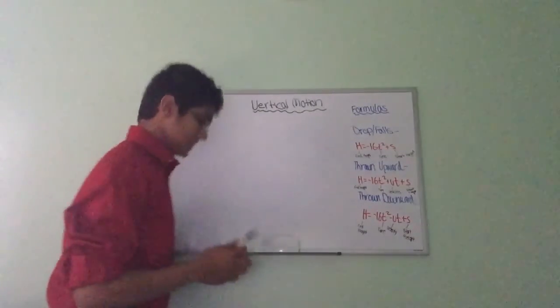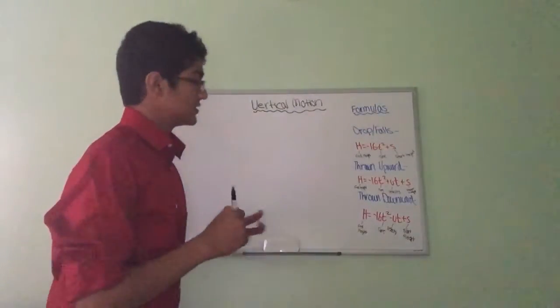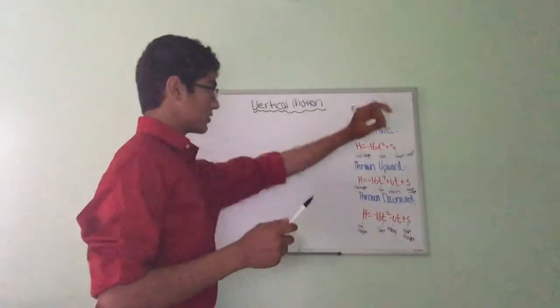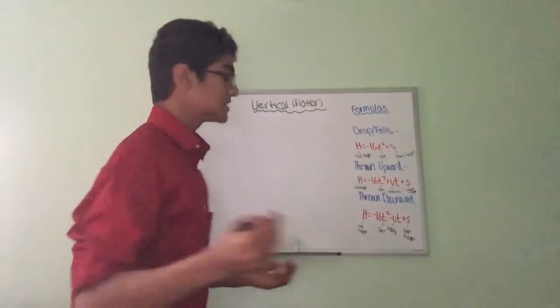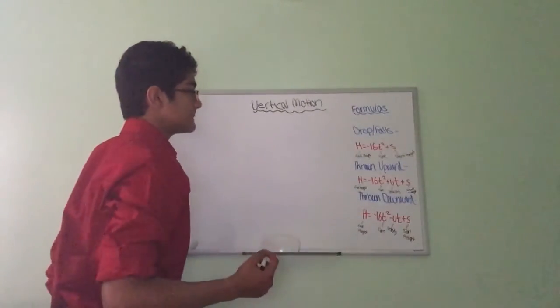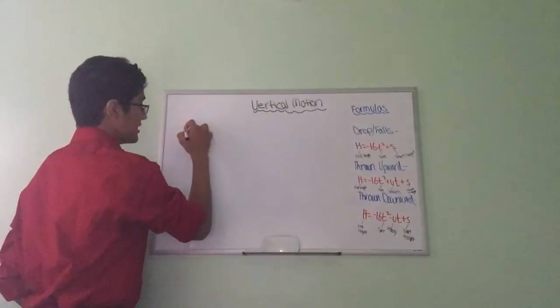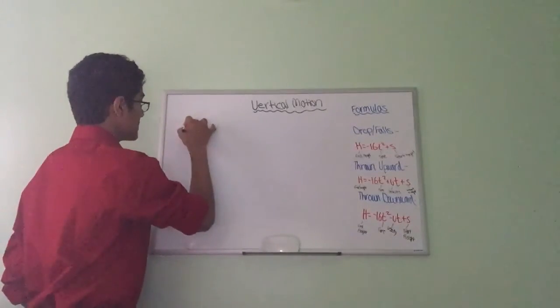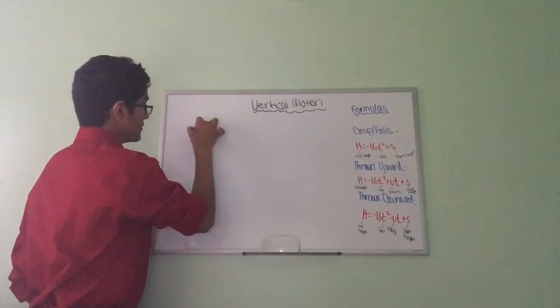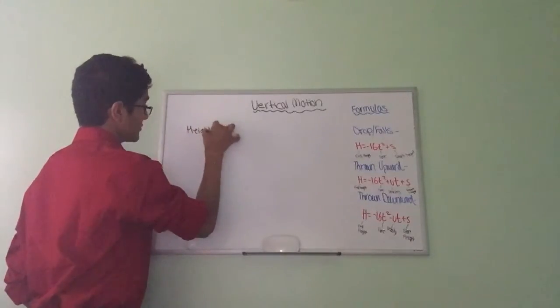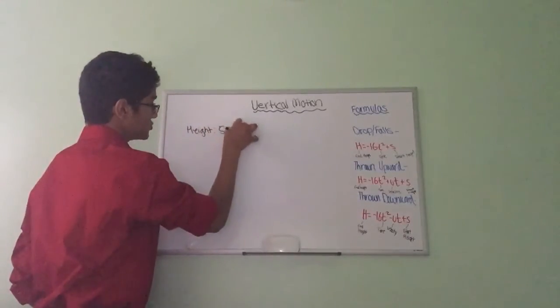So let's get started with the drops and falls formula. Suppose you are standing on a tree, and the branch you're standing on is 500 feet high, so your start height is 500.